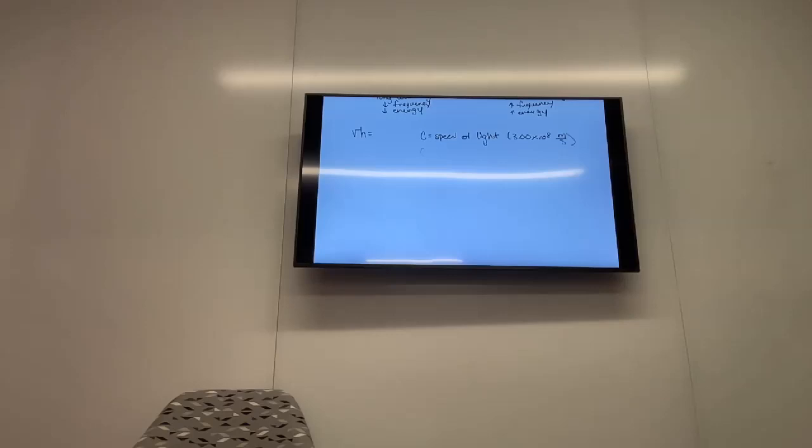What equation involves C? There's a Greek letter involved. Yep, lambda times what? Lambda nu, right? So speed of light, C, is equal to lambda, which is the wavelength, times nu, which is the frequency.